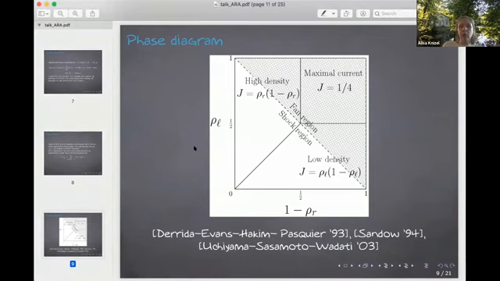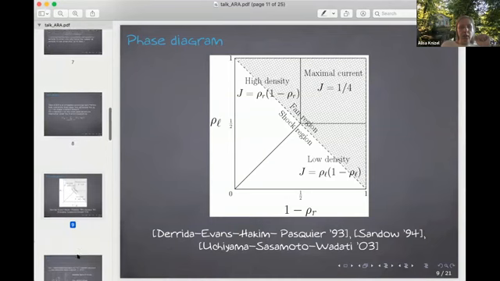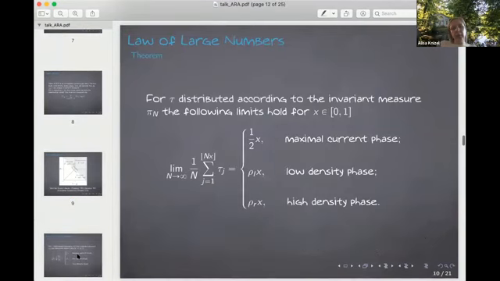However, this is the phase diagram at stationarity and as n goes to infinity for the open ASEP. In particular, the following law of large numbers holds. I will write it in terms of these occupancy variables.